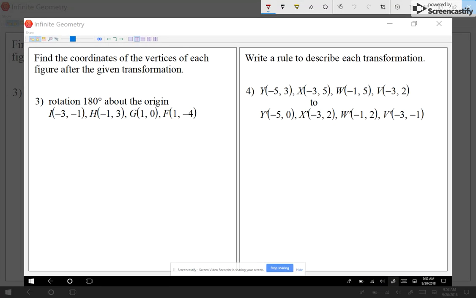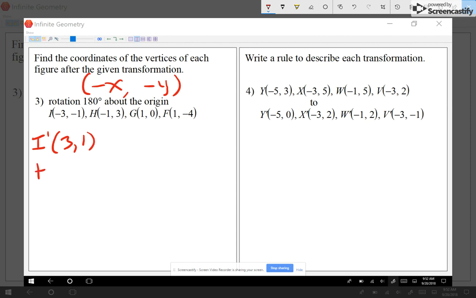Find the coordinates of the vertices of each figure after the given transformation. We're doing rotation of 180. When I look at rotation of 180, it says that (x, y) becomes (negative x, negative y). What that means is don't switch the numbers, just change the signs. So if the coordinates of I are 3, 1, change the signs.